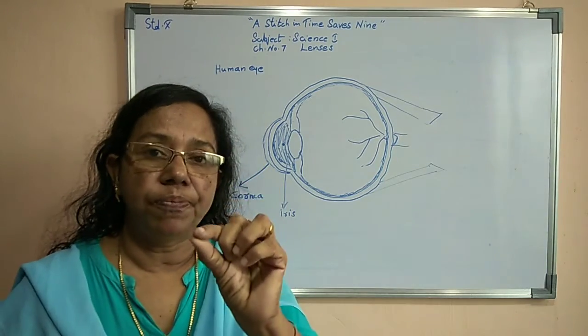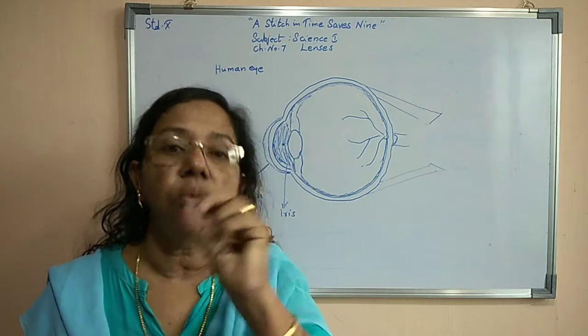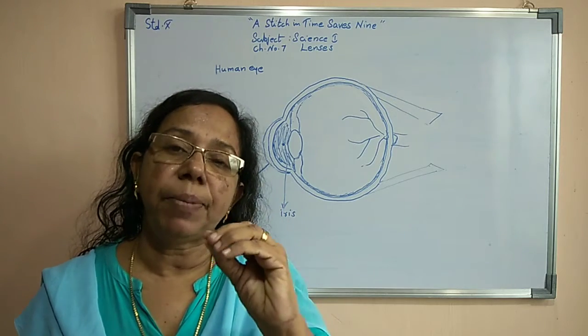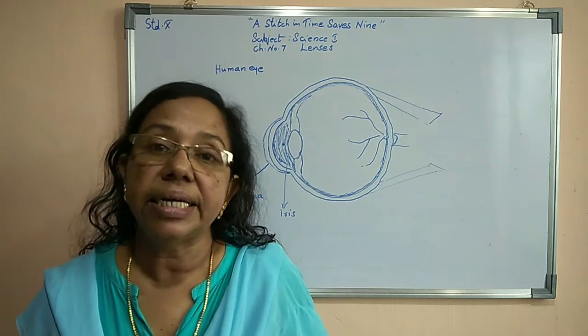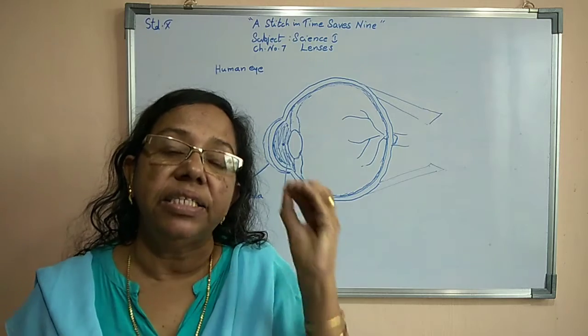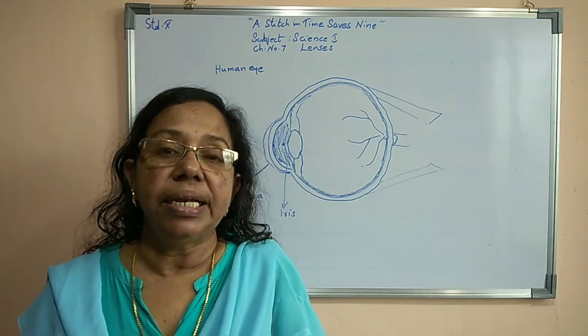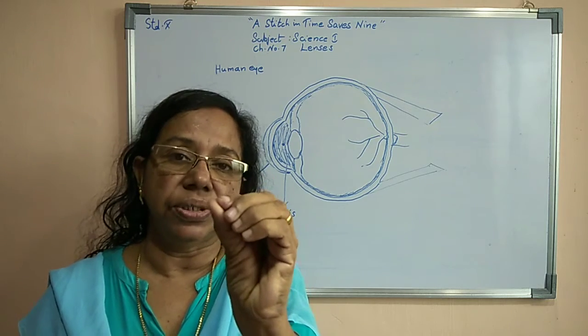That hole is round shaped. It has the capacity to increase its diameter or decrease its diameter. If bright light is falling on the eye, immediately the diameter of the hole will reduce.